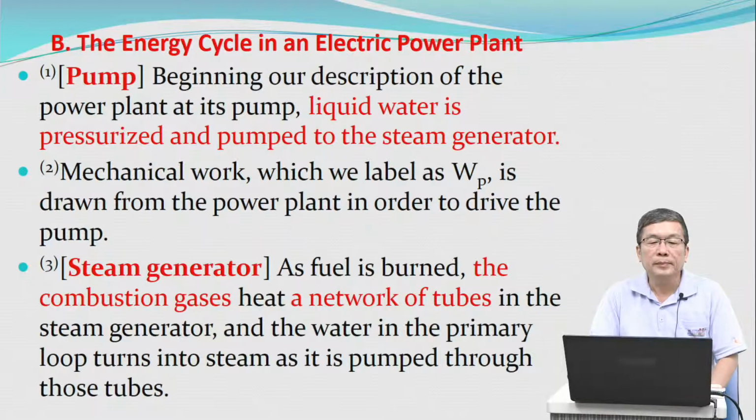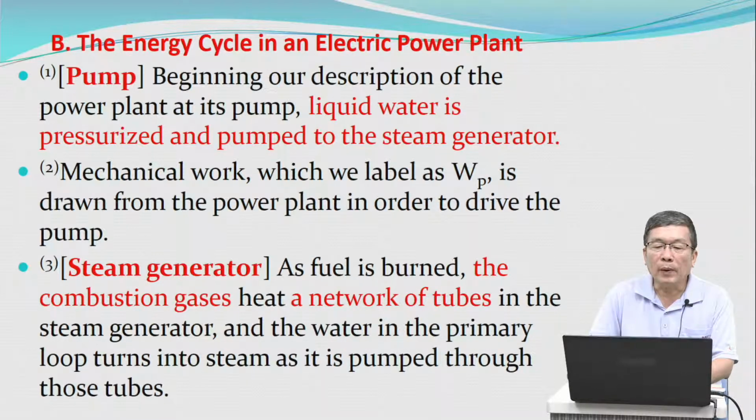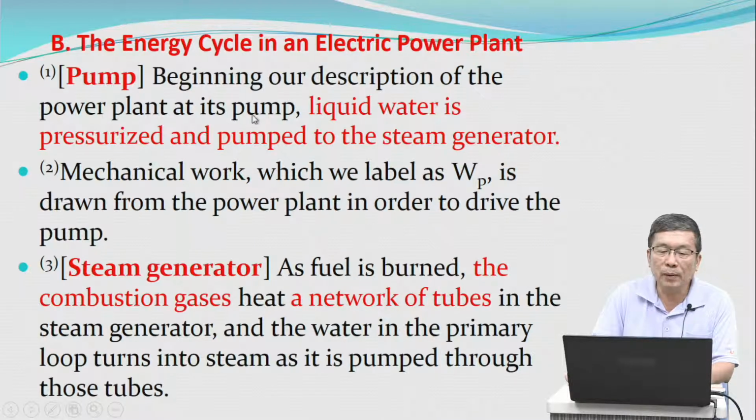Pump. Beginning our description of the power plant. At the pump, liquid water is pressurized and pumped into the steam generator. Mechanical work, which we label as W sub P, is drawn from the power plant in order to drive the pump.